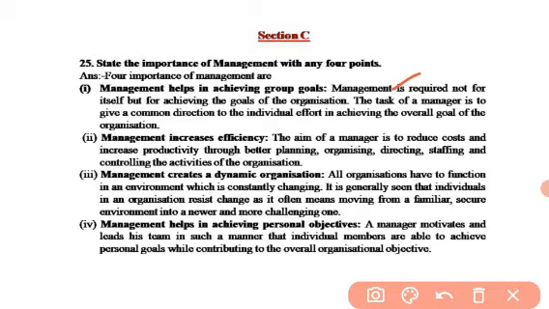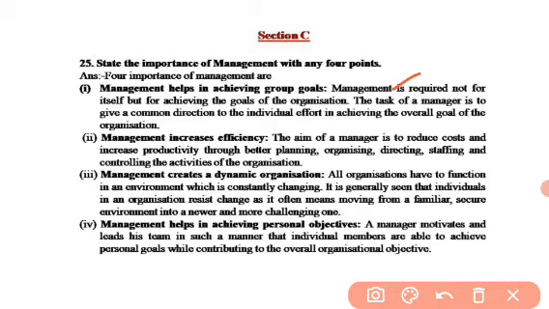The task of a manager is to give a common direction to the individual effort in achieving the overall goal of the organization. Whatever group activities are to be done, the main objective is to reach the goal of the organization. This is one of the importance.